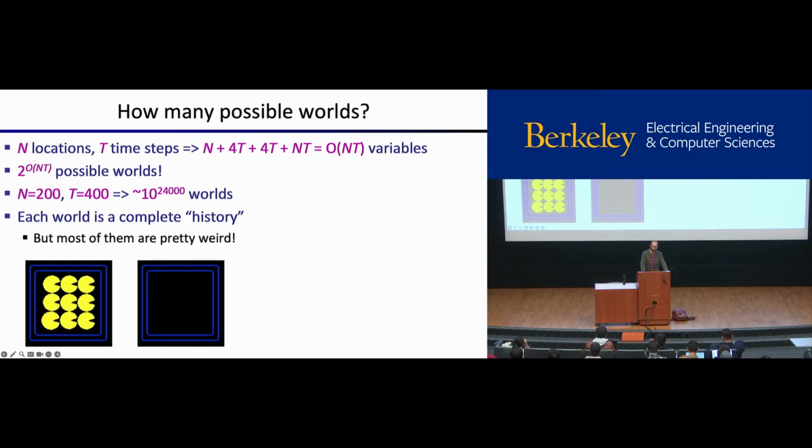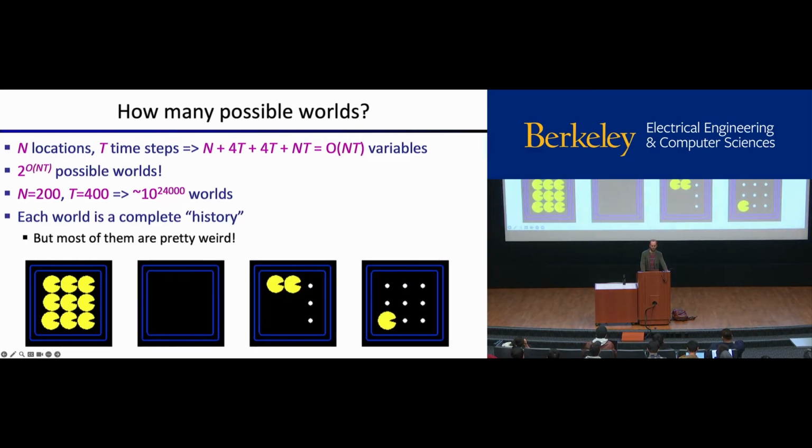Time step 0, time step 1, time step 2, time step 3. At 0, 0, 0, true. At 0, 1, 0, true. At 1, 1, 1, false. These assignments of variables, you can write them down, and they'll give you a sort of nonsense history like that.